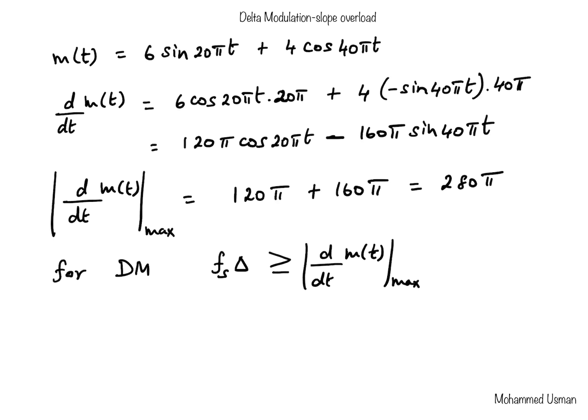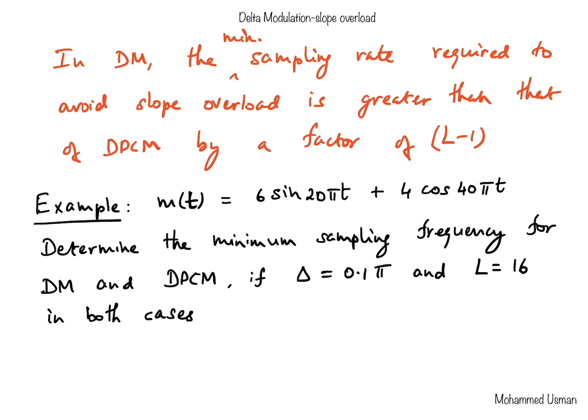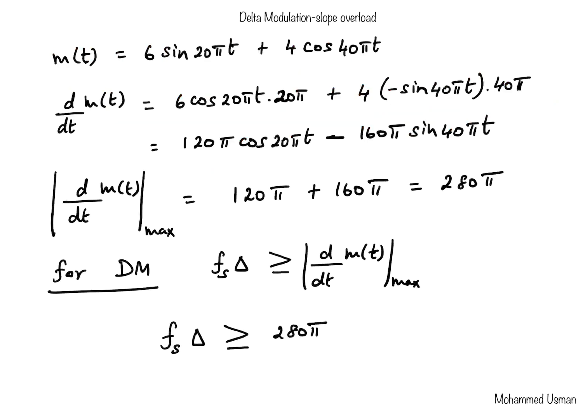In other words, Fs times delta should be at least 280 pi, and delta has been given to us in the question as 0.1 pi, so we can substitute that for delta. We take the delta to the other side of the inequality, so we have Fs should be at least 280 pi divided by delta.